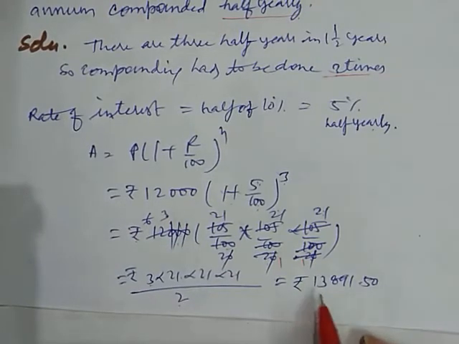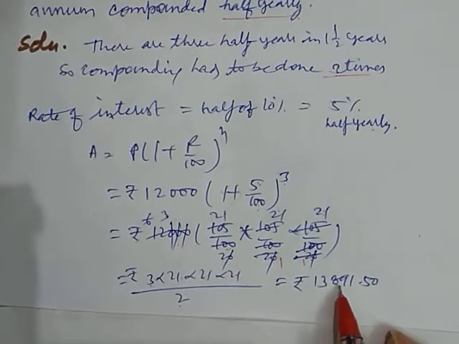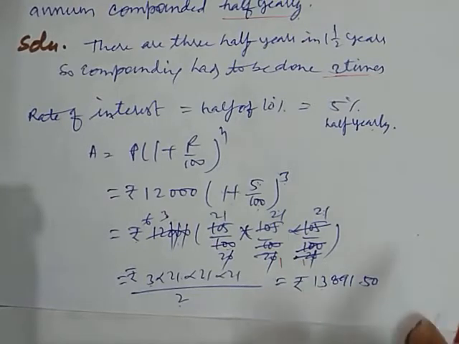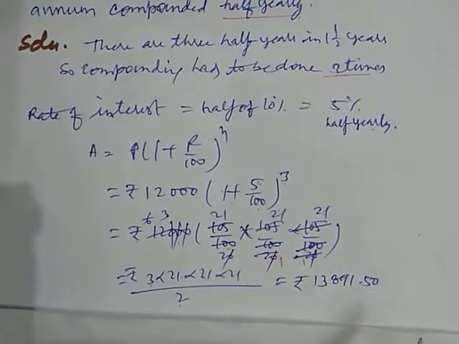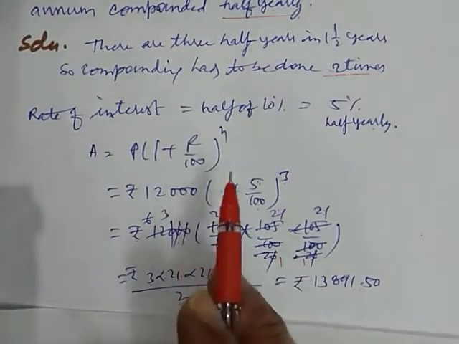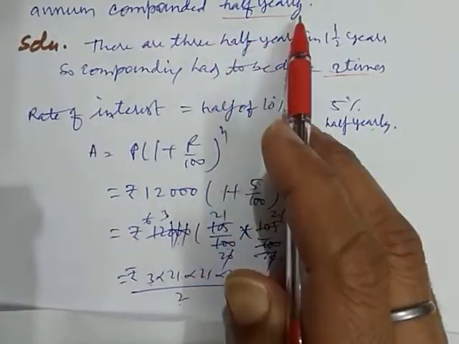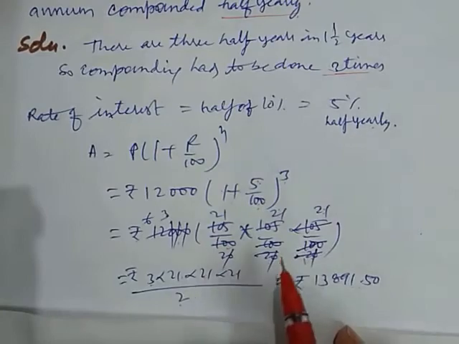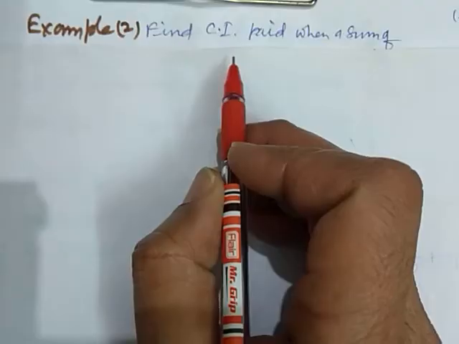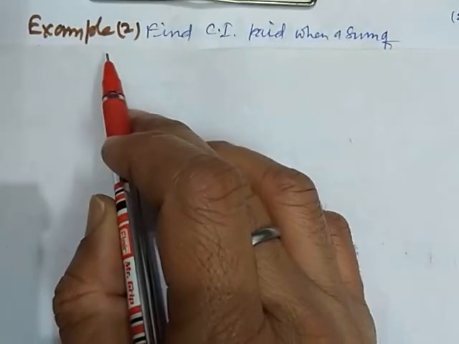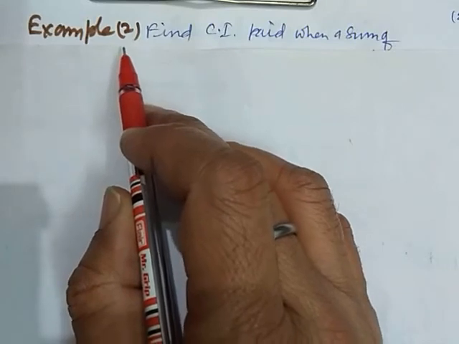By solving this we get rupees 13,891.50. So this way we calculate the compound interest when we compound half yearly. So remember this.